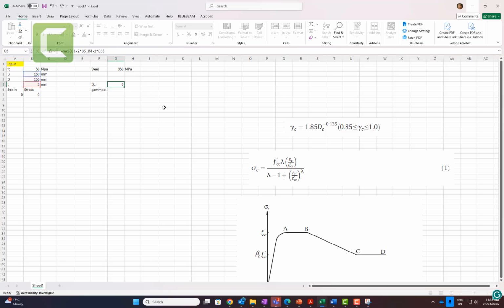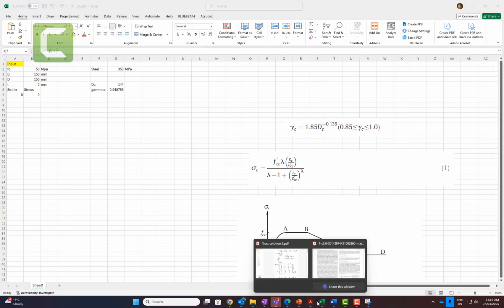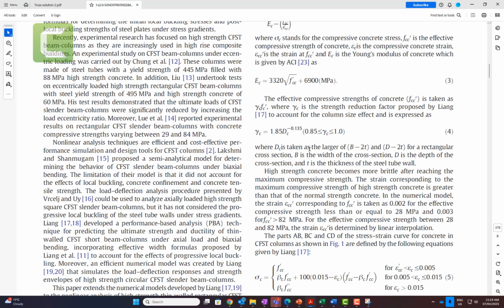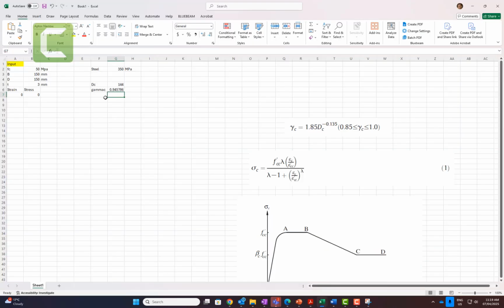So that's DC, and gamma C is 1.85 multiplied by DC to the power of minus 0.135. Make sure that it has conditions in that one. The condition is it should be between 0.85 and 1. So if it's less than 0.85, we take it as 0.85, if it's greater than 1, we take it as 1, but it is 0.95, so it should be fine.